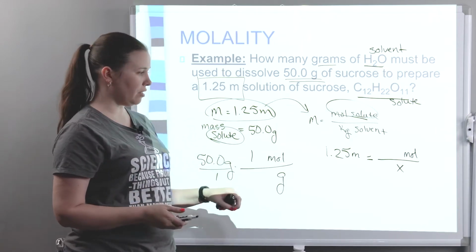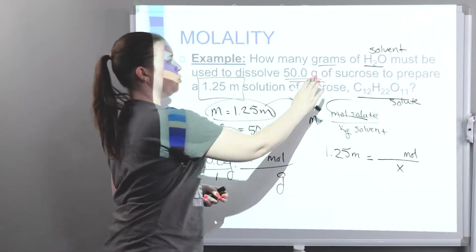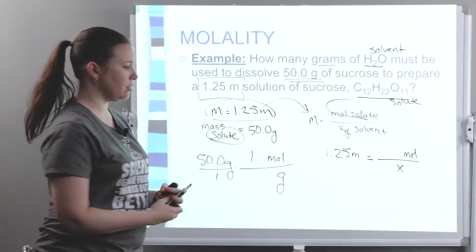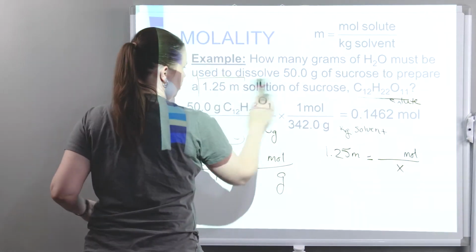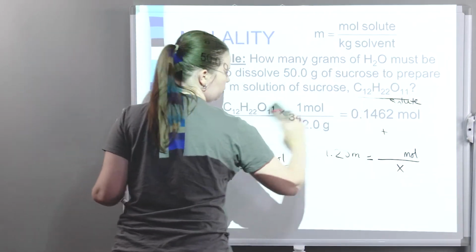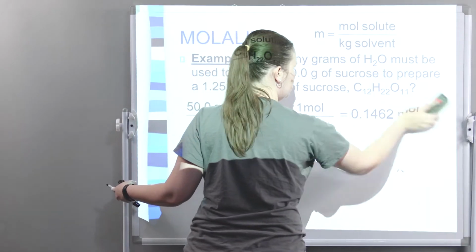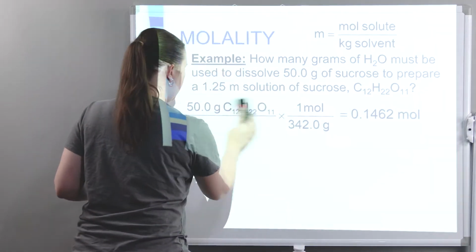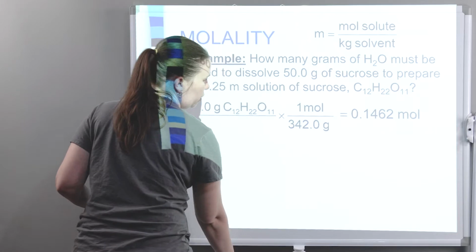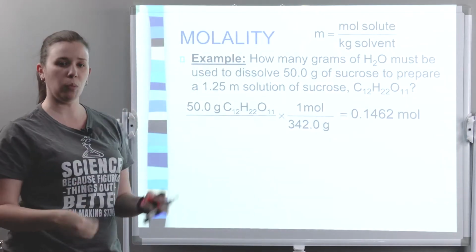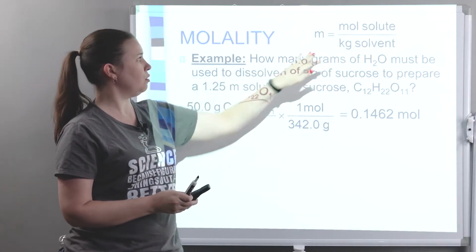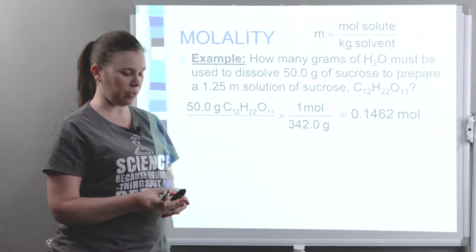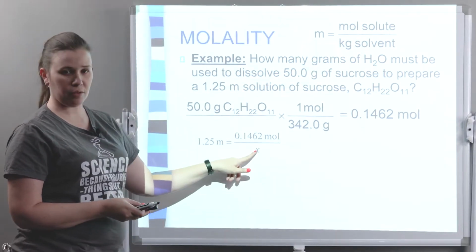It is by definition going to give you kilograms, which we're then going to have to use dimensional analysis to get it into grams. So the molar mass of this big molecule is 342 grams. And so that would convert to 0.1462 moles. So that's what I'm going to be able to plug in on top with the given molality to solve for the bottom, the x on the bottom.